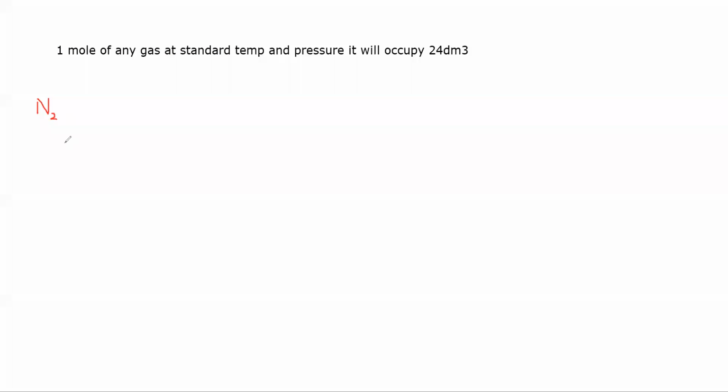The mass of nitrogen is 14, N2 means 28. If we have 28 grams of nitrogen, it means we have 1 mole of nitrogen molecules. And 1 mole of nitrogen, how many particles will be there? It will have 6 exponent 23 particles or molecules.